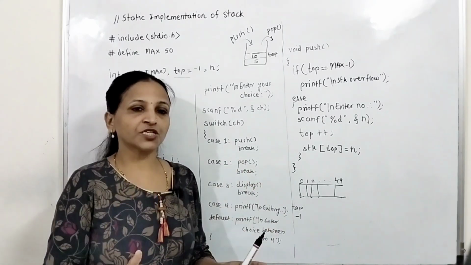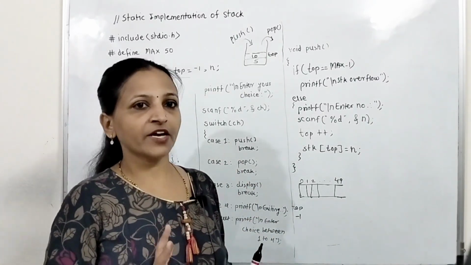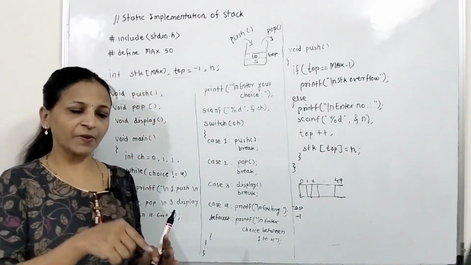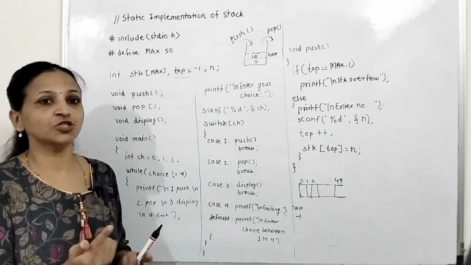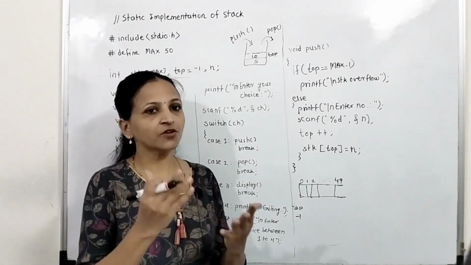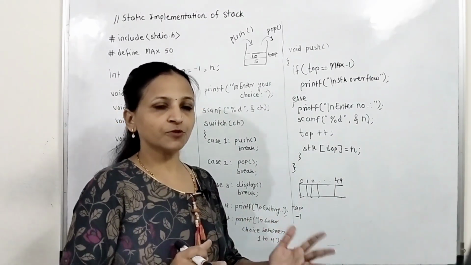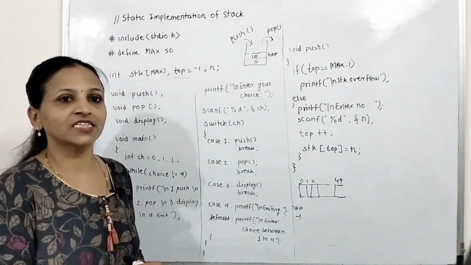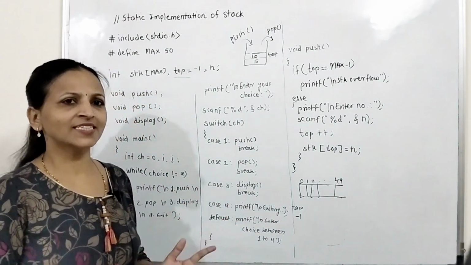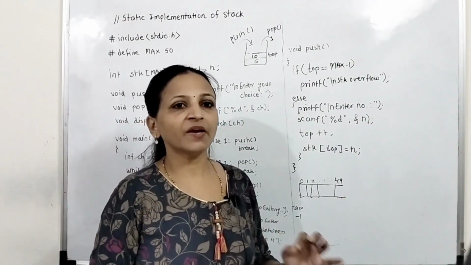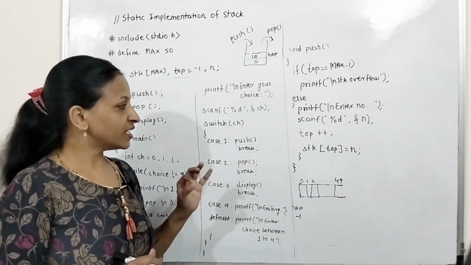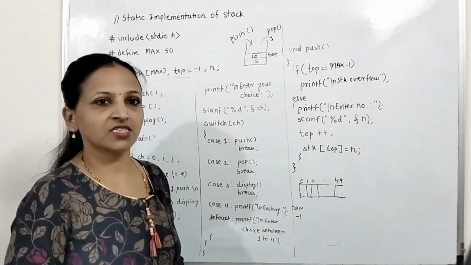In this way you have to provide an option or menu to the user, then the user will enter any option like push, then you have to do the push operation. Second, suppose the user is pressing option 4 like exit, then you have to stop that process. In this way we have to do. That's why a menu driven program is needed in case of data structures.